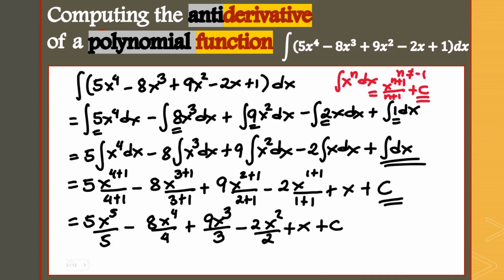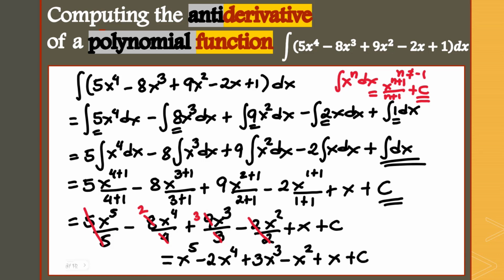And using all of this cancellation law, 8 divided by 4 is 2, 9 divided by 3 is 3. That's just simply 1. We can write here our final answer, which is x to the power of 5 minus 2x to the power of 4 plus 3x cubed minus x squared plus x plus c. This is the antiderivative of our given polynomial function.